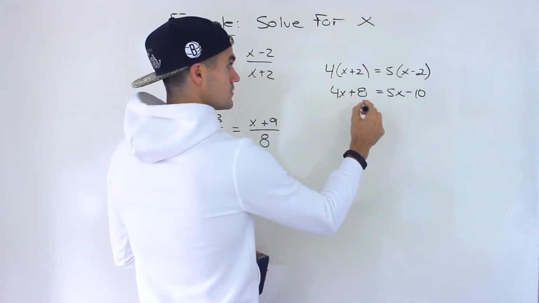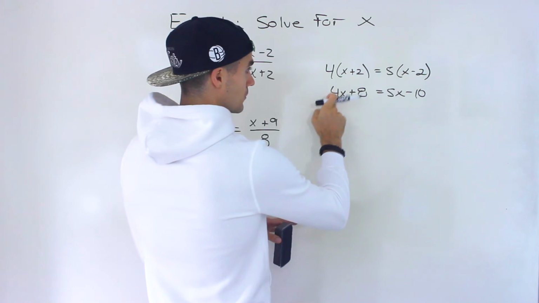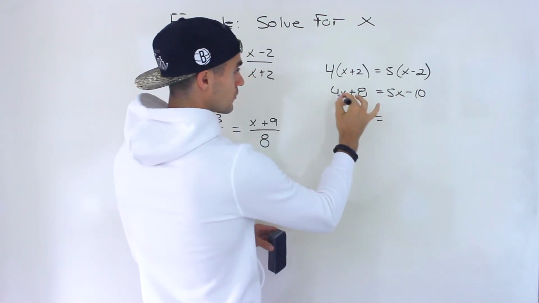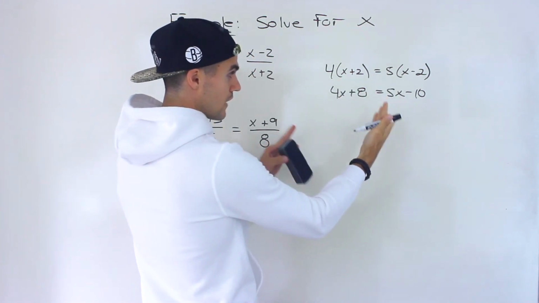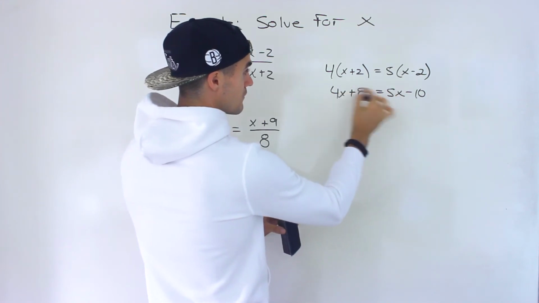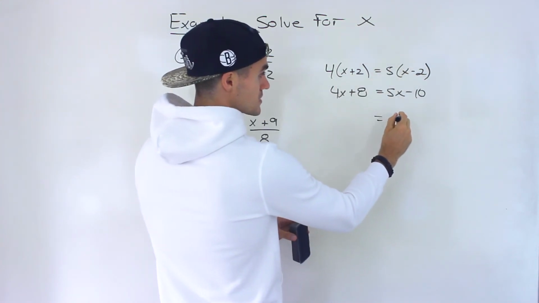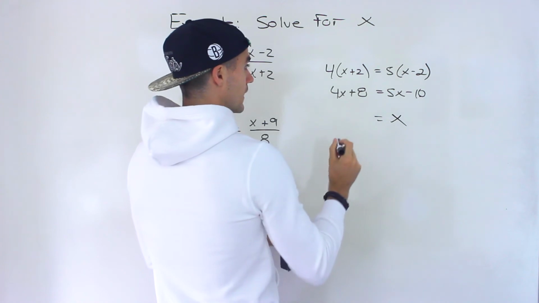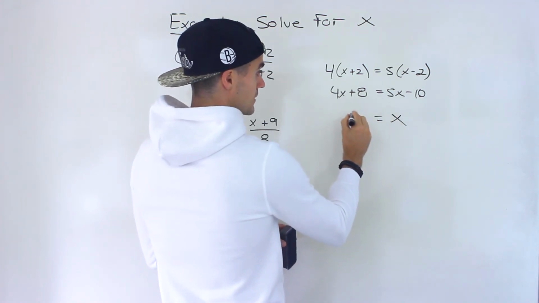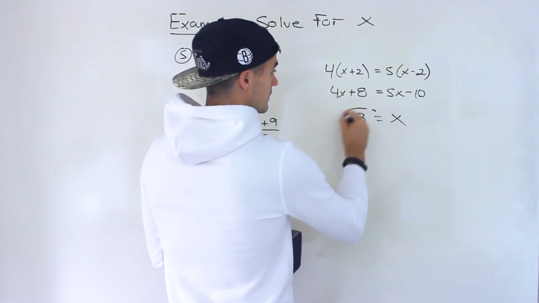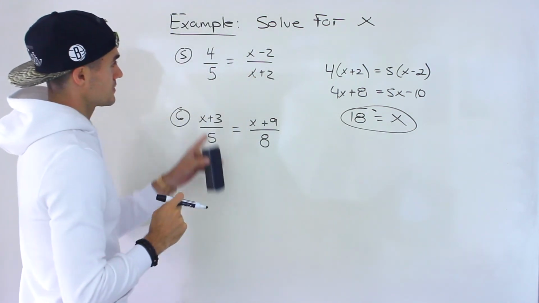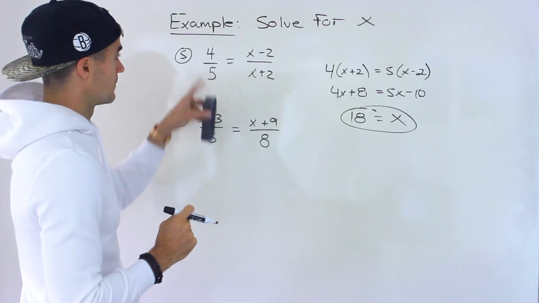Then what I'm going to do, it doesn't matter which side you bring the variables to, I'm going to bring them to the right side to make the final coefficient positive. So notice 5x minus 4x would give us 1x. Bring the negative 10 over. 8 plus 10 would give us 18. So that's the final answer to number 5.